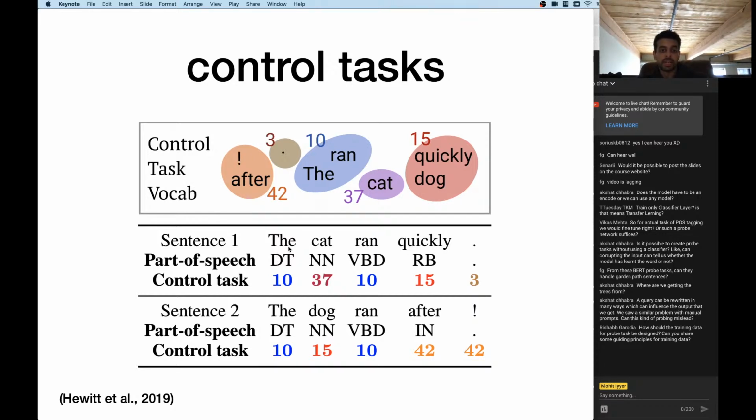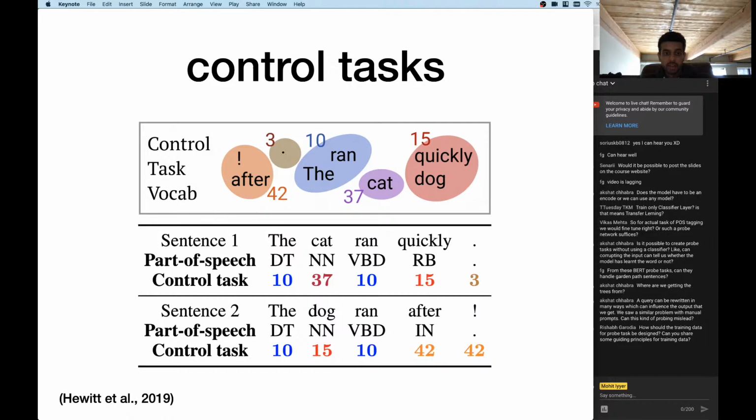Does the model know that this token is a determiner and that this is a noun and that this is a verb and this is an adverb? The normal way of doing this is just to feed these representations into a classifier, to ask the classifier to predict the part of speech of the corresponding word and look at the accuracy.